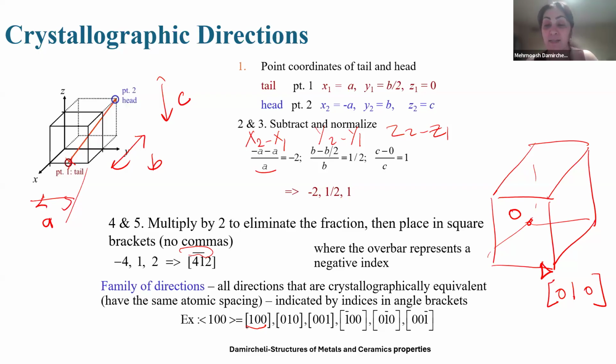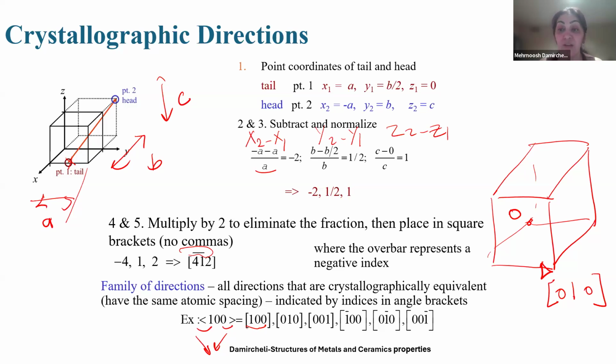But for the family of directions, we use the angle bracket. If you look here, they are signs of the family of directions. So when we use square brackets like [1 0 0], [1 1 0], we are talking about specific crystallographic directions in the unit cell. But when we talk about the angle bracket, such as <1 0 0>, it means different directions that belong to this family.